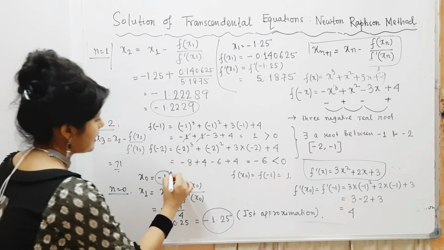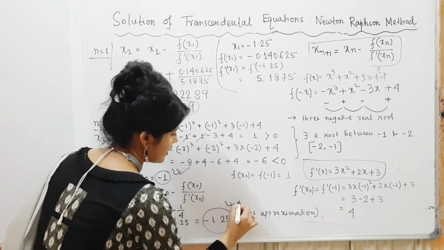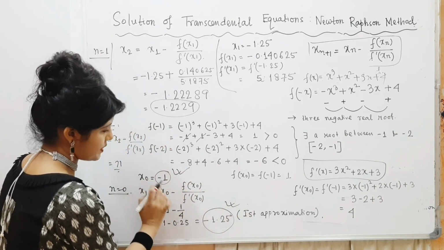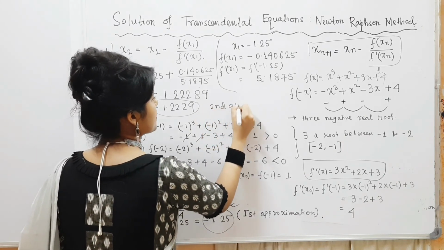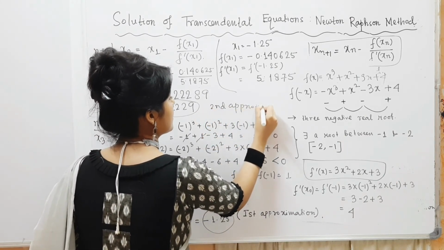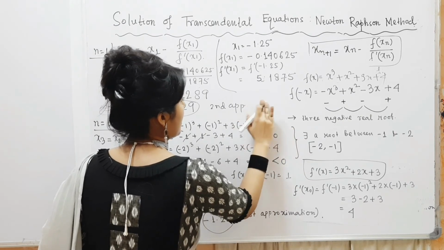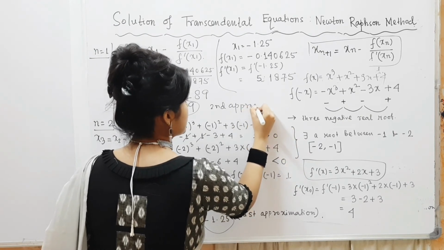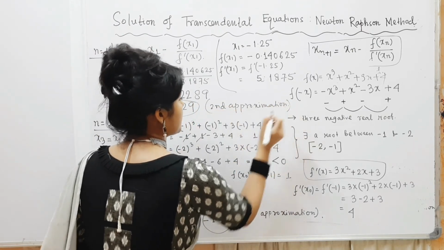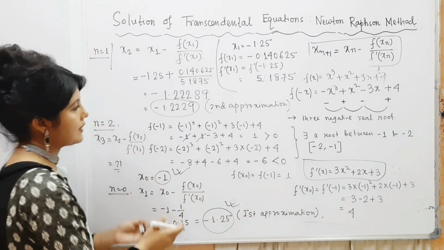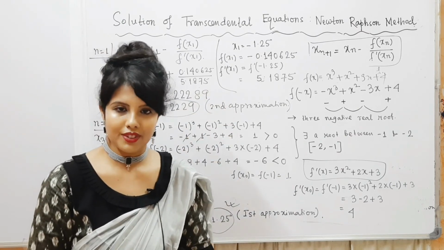That is our first assumption, that is the first approximation, that is the second approximation, and so on. You will consider more approximations like that by using the Newton-Raphson method.